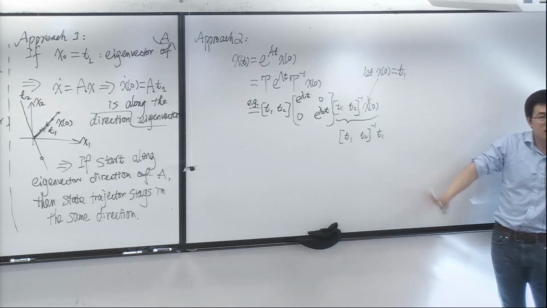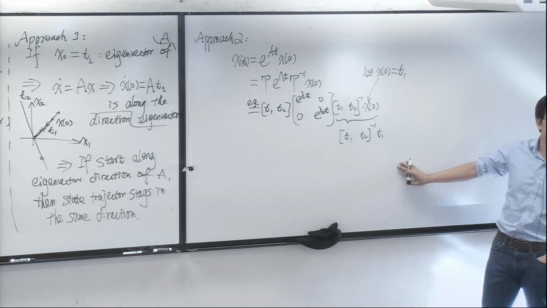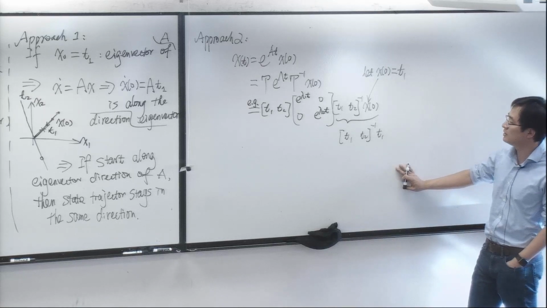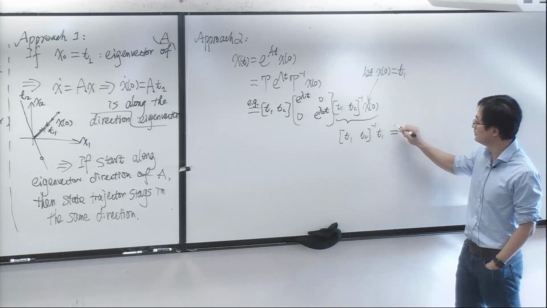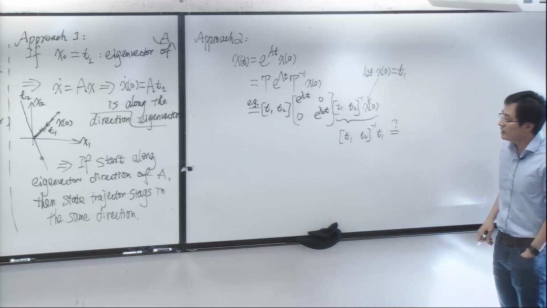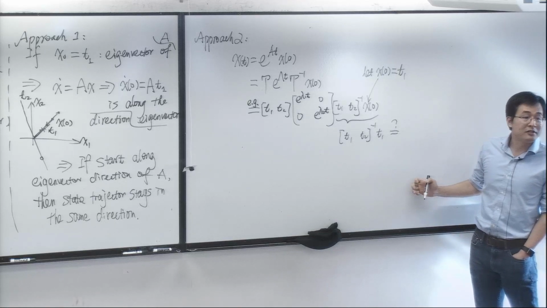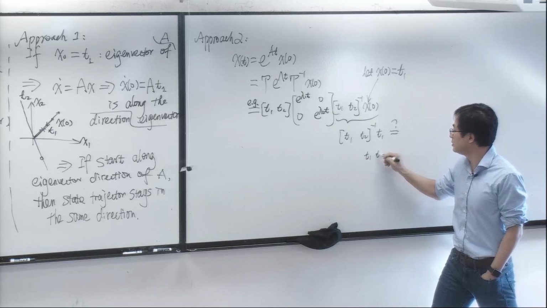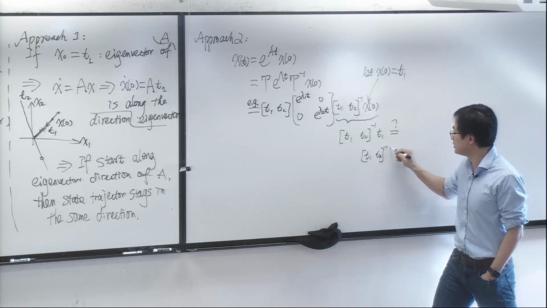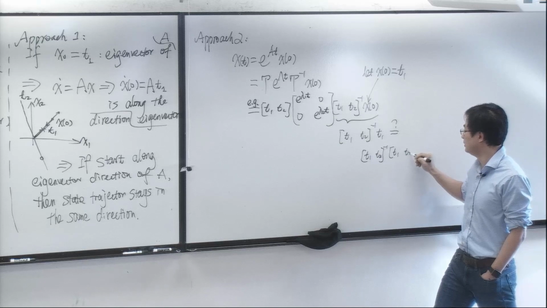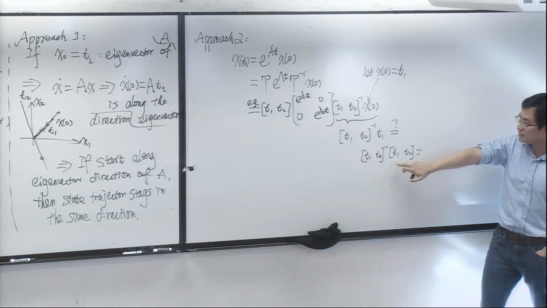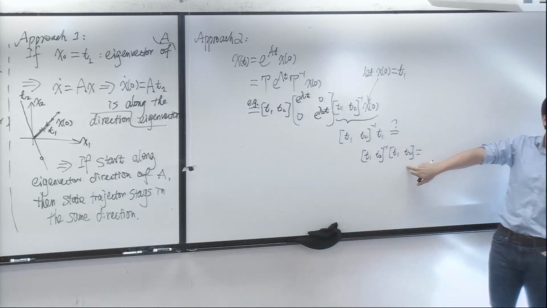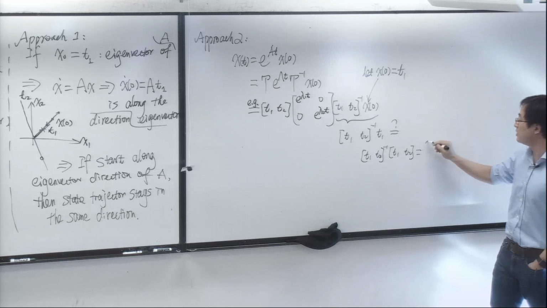All right, so just to do linear algebra, what does this one equal? It's going to be actually something very interesting. So we know the fact: I know T1, T2 inverse times T1, T2. If I do inverse times itself, it's going to be the identity matrix. So it's going to be 1, 0, 0, 1.